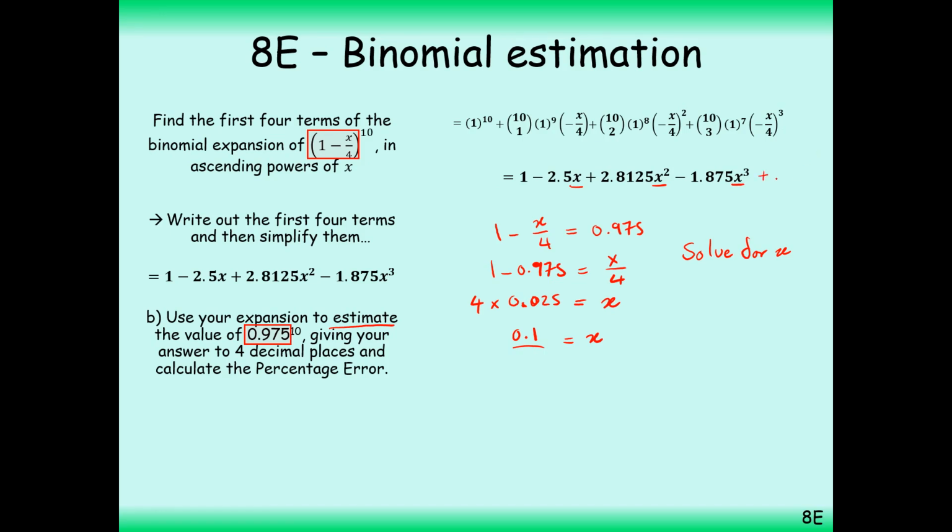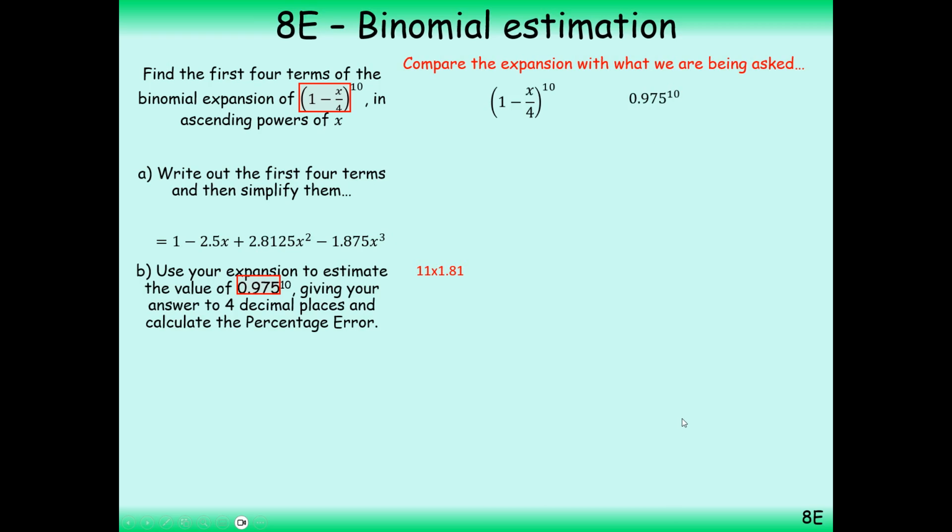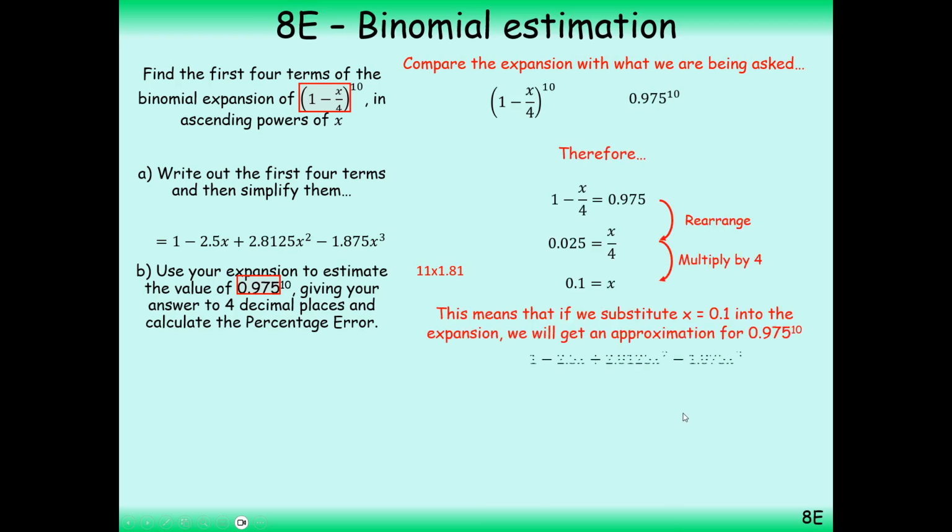All right, so we're going to substitute 0.1 into this expression that we have up there. Notice we have omitted the terms from x to the power of 4 onwards. We are allowed to do that as long as the absolute value of x is less than 1. x is 0.1, so that's fine. Let's see this substitution. I'll just solve this equation for you by hand.